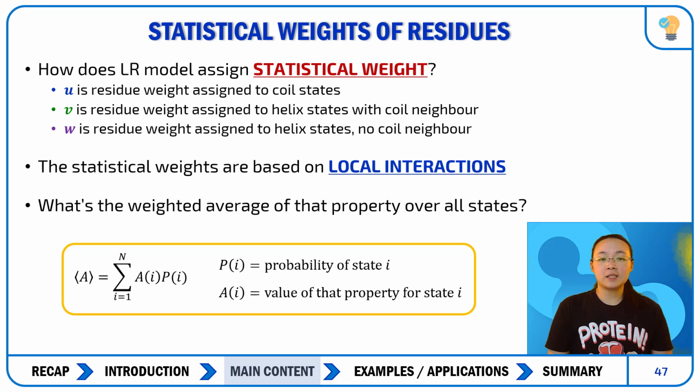So speaking of statistical weights, we'll have to start assigning them using the LR model. So we want to define 3 different residue weights. We have U being the residue weight assigned to a coil state.